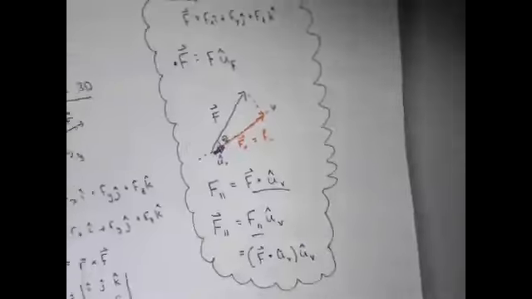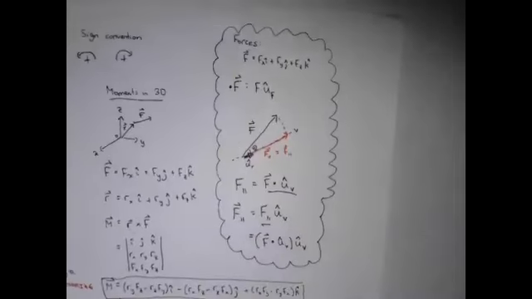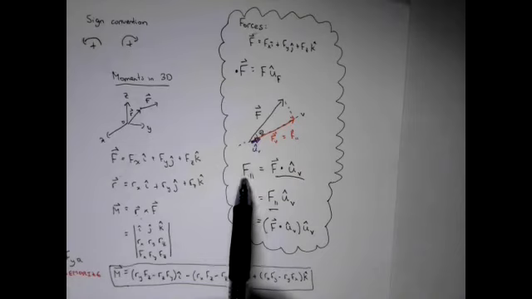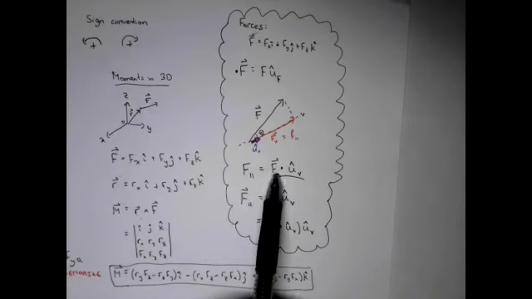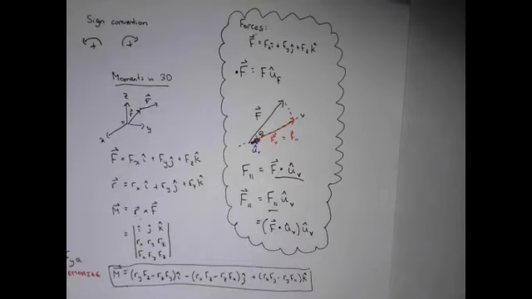I would essentially have to go back to our force formulation. So just to do a quick review, we can find this component by first finding the magnitude of the component, which is the dot product of your force vector and a unit vector along that direction. So let's do that.